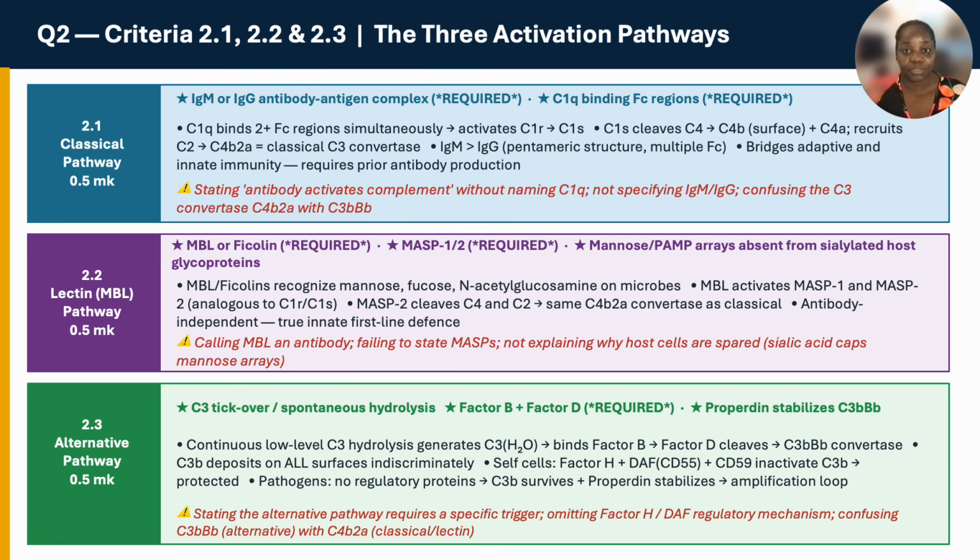The reason C1q is required is that it is the base molecular mechanism. C1q is what physically bridges with the antibody-antigen complex. So you need antibody-antigen complex formation and binding with C1q to have the complement activation.